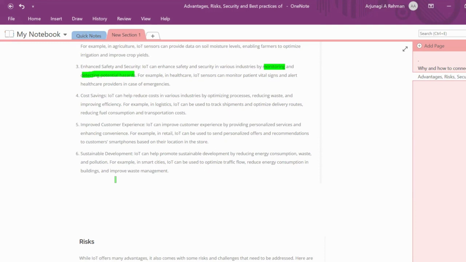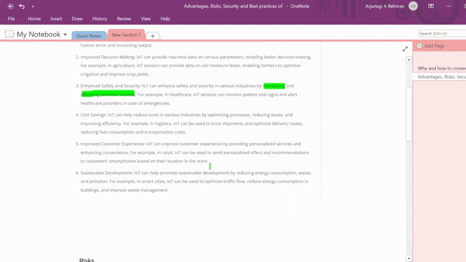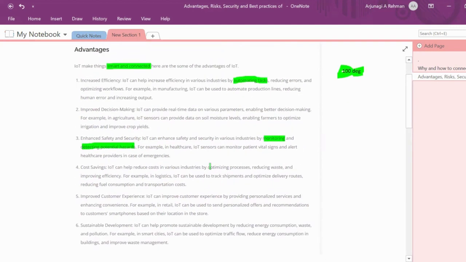So, of course, if things are more efficient, safer, and decisions are good, then all these parameters will lead to sustainable development. Now, these were some of the examples. It is not like these are the only advantages of IoT.